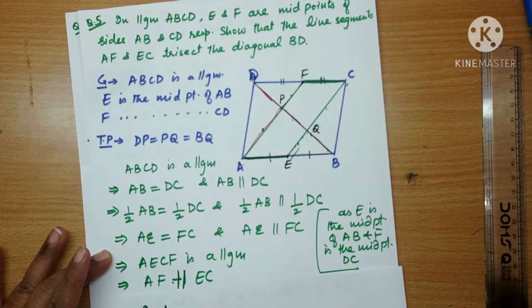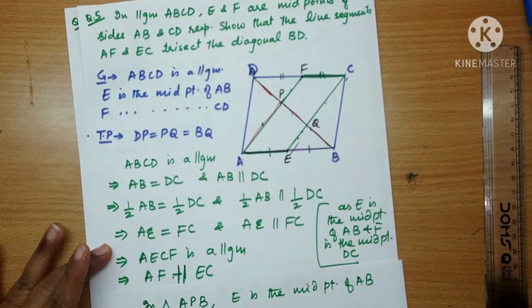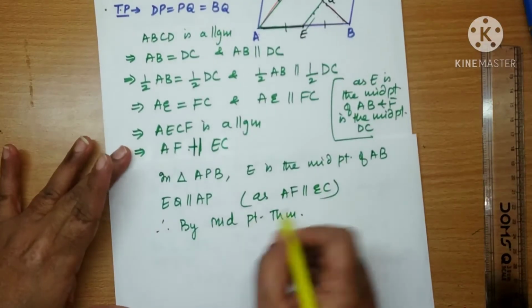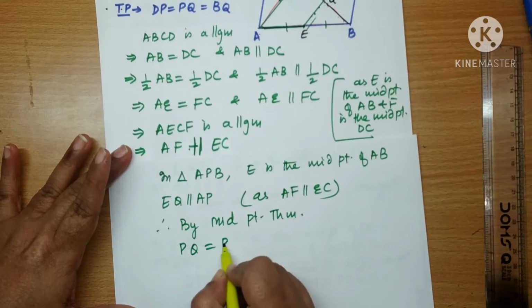Now in triangle APB, E is the midpoint of AB. Then EQ is parallel to AP as AF is parallel to EC. Therefore, by midpoint theorem, I get PQ equal to BQ.